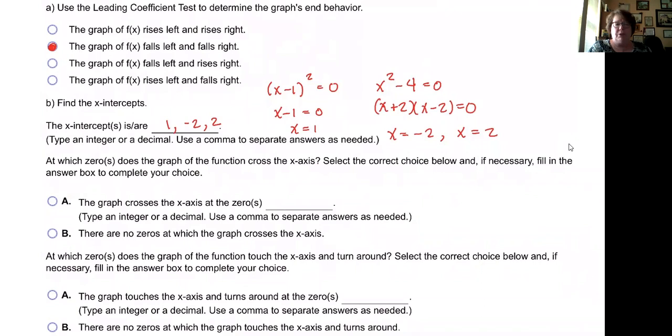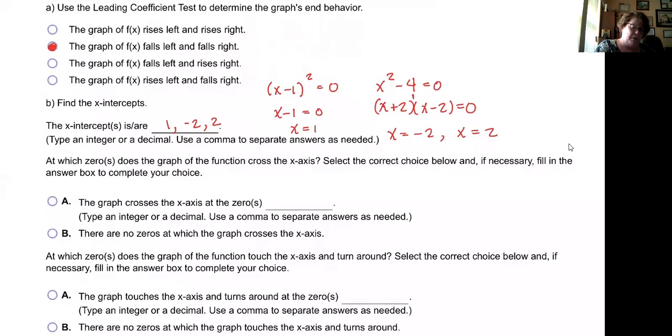The first question is where the graph crosses the x-axis. And the graph will cross the x-axis when the multiplicity of my 0 is odd. And that second equation, x squared minus 4 equals 0, I factor to x plus 2 times x minus 2.